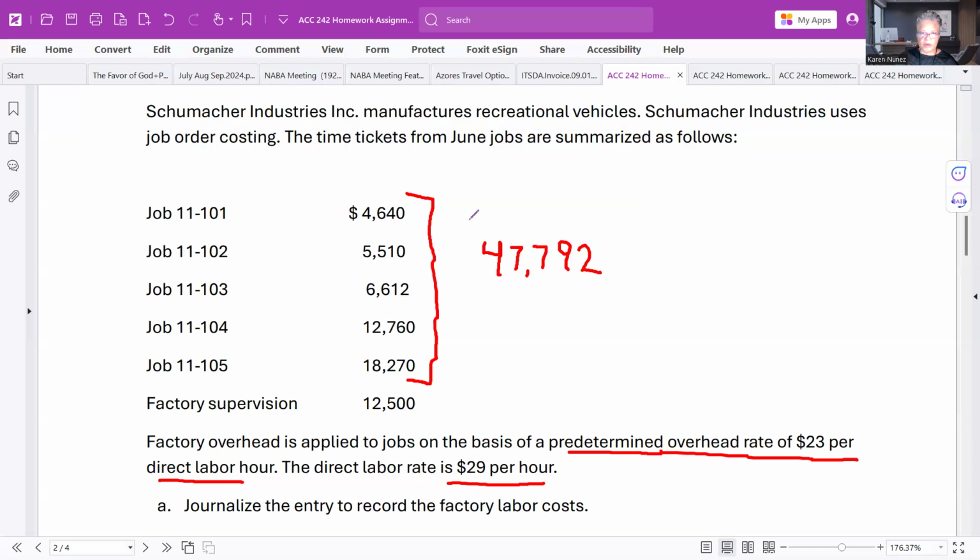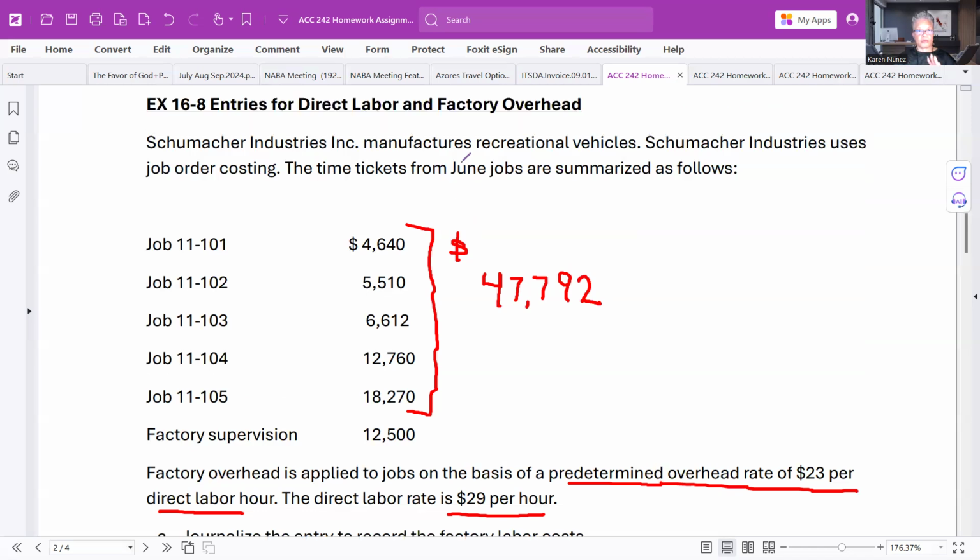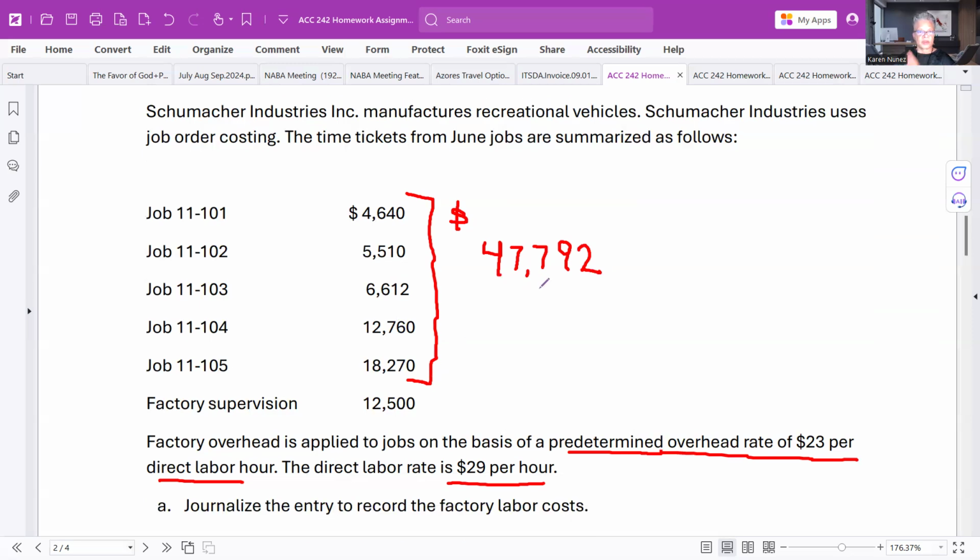The time tickets from June for these jobs showed that the labor is 47,792 for job numbers 101, 102, 103, 104, 105. That's what the labor costs. The labor cost that they can trace to the job. So this is direct labor.